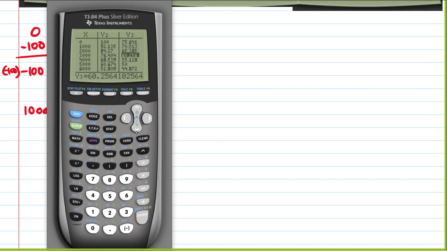If we go down to 5,000 meters, we know at 5,000 meters we have exactly 50% oxygen. Model 1 agrees, Model 2 says we have 60, and Model 3 says we have 50. So this time it's Model 2 that has the error.